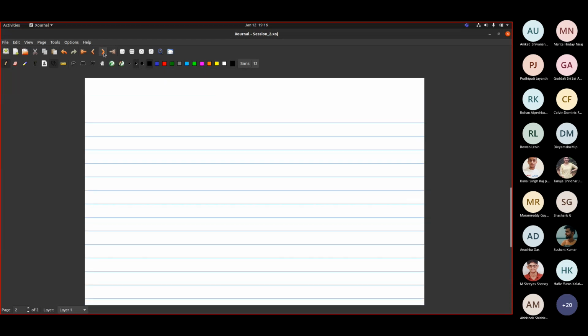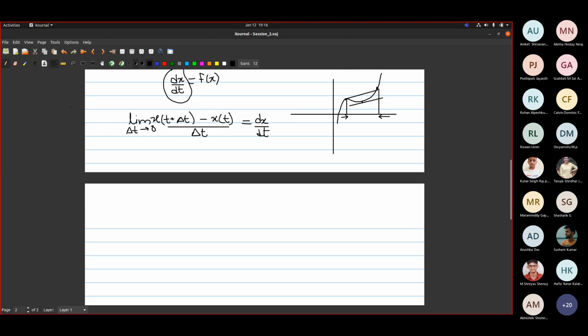Now let's take a look at something else. If this is the exact derivative, what is the most intuitive way of taking an approximation? The most intuitive way would be to just drop the limit.